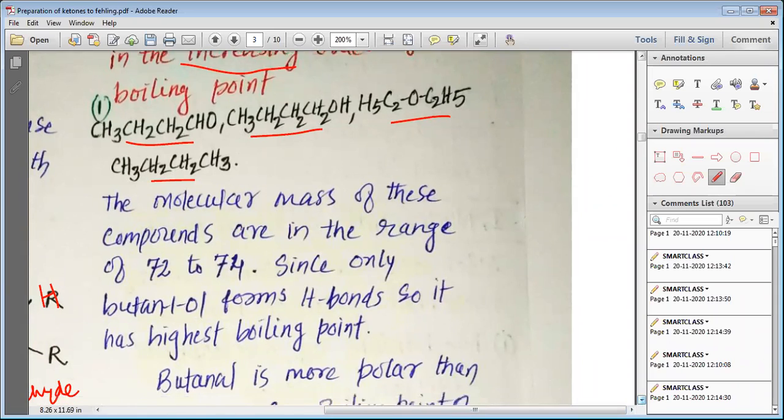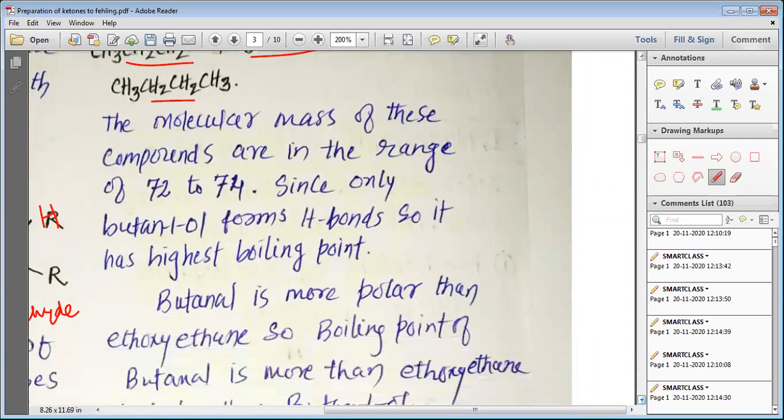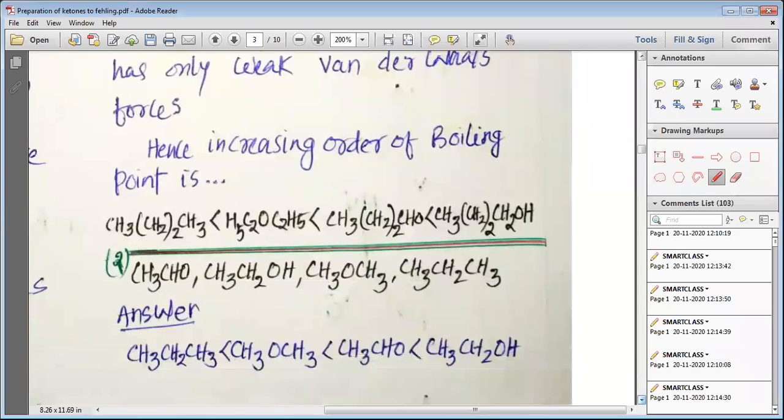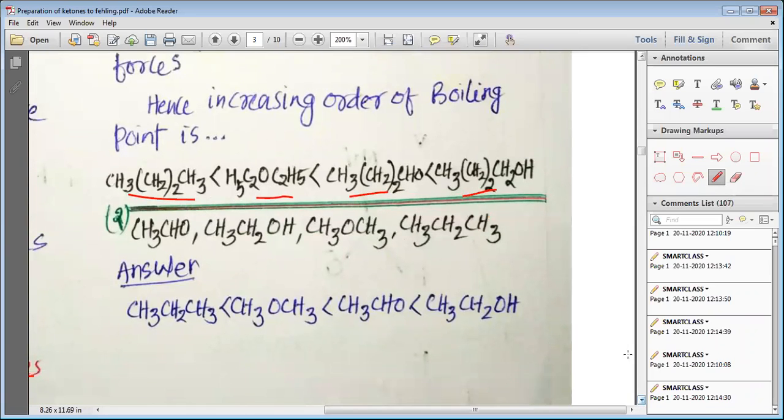In between, we can compare the ether and aldehyde. The ether would have a lower boiling point than the alcohol or aldehyde. So you can see the increasing order is alkane, then ether having a higher boiling point than alkane, aldehyde having a higher boiling point than ether, and alcohol having a higher boiling point than the aldehyde.